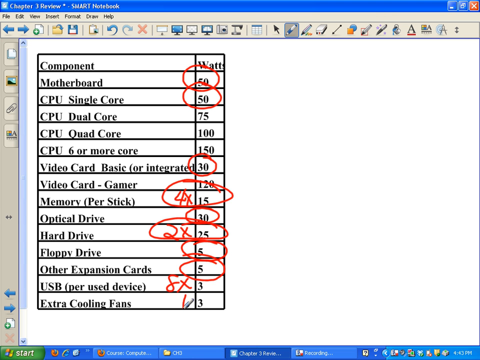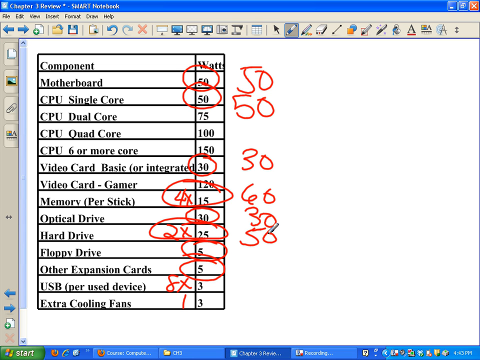So I've got 50 and 50 and 30 and 4 times 15, that's 60, and 30, and 2 times 25, that's 50, and 5 and 5, I'm just going to write 10 there and put those together. 8 times 3 is 24, and we've got one extra cooling fan, that's 3. Let's do some addition here.